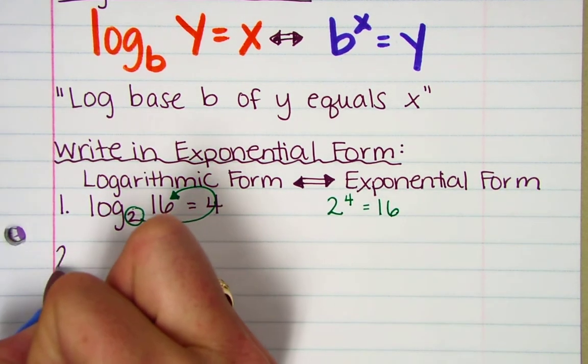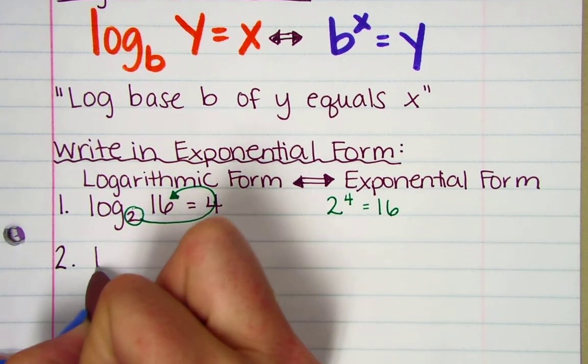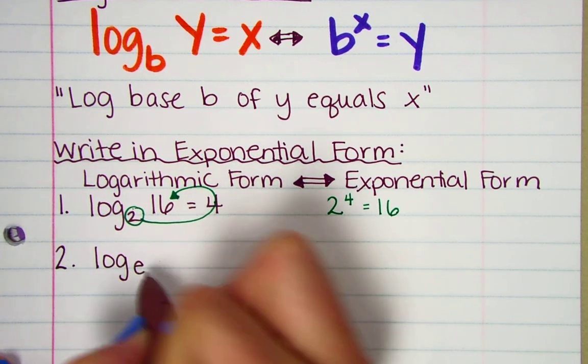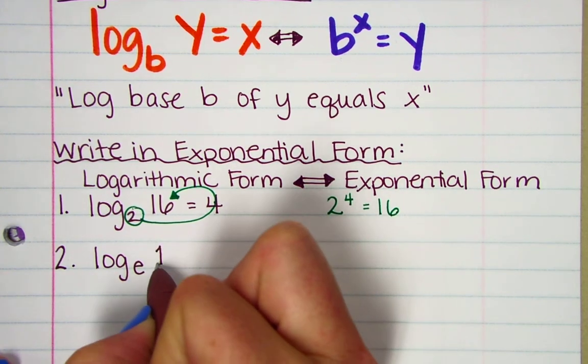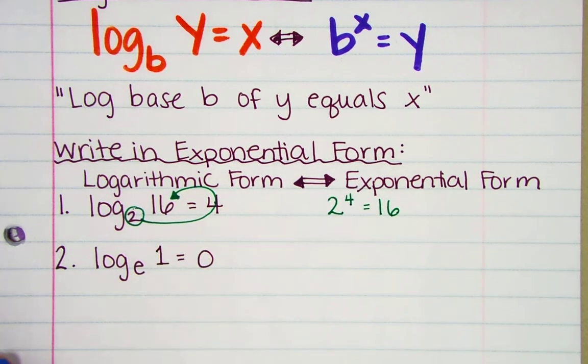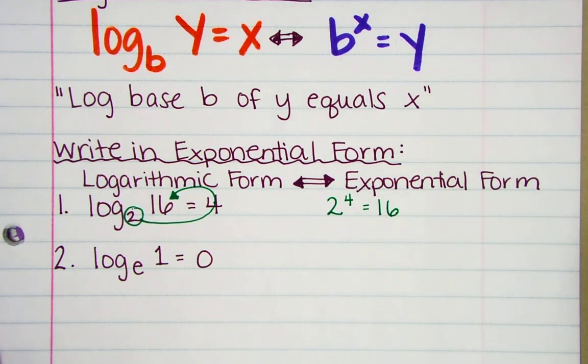All right, number 2. They give us log base e of 1 equals 0. So we're going to write it in exponential form.